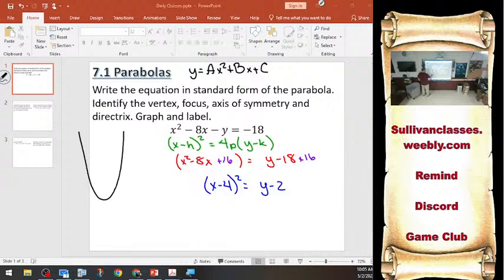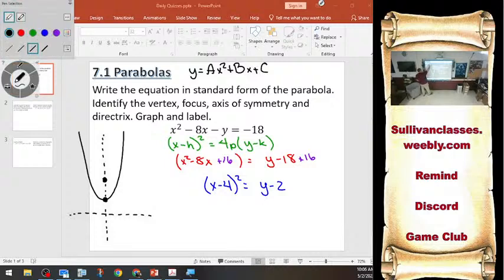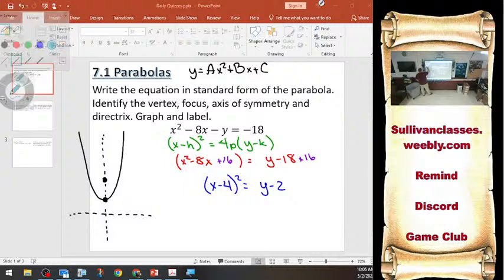So there's a parabola. I'll just do a generic parabola sketch with a focus, vertex, directrix, axis of symmetry, and we'll start throwing things on there. So, where's my vertex?